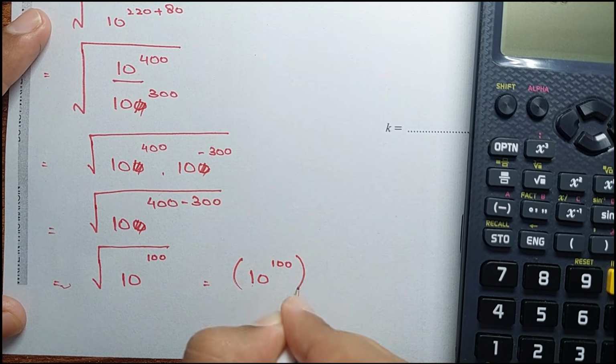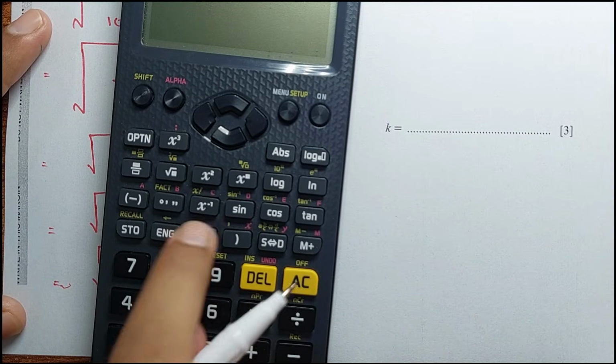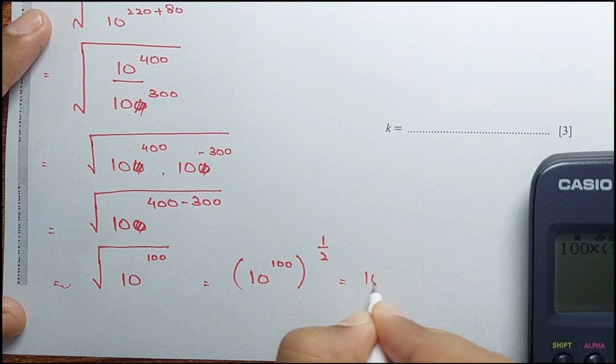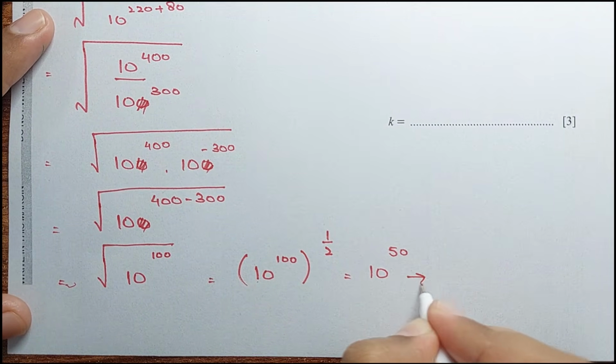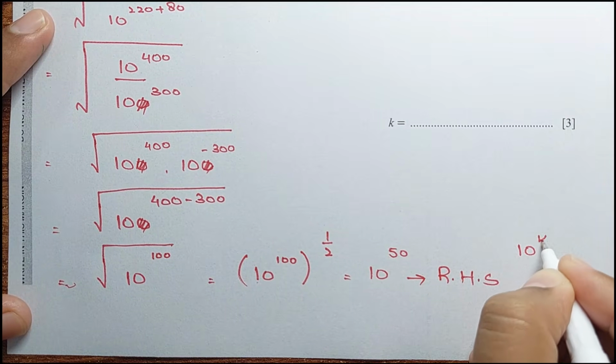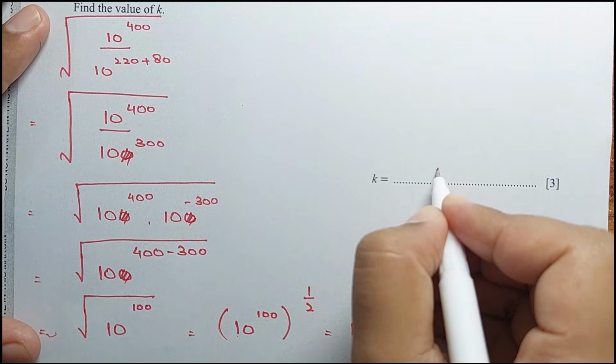And the square root is basically the power of 1 by 2. 100 times 1 by 2 is 10 to the power 50. Right? And this is your right hand side, 10 to the power k. So what is the k value? The k value is 50.